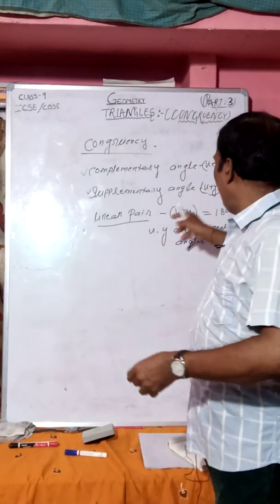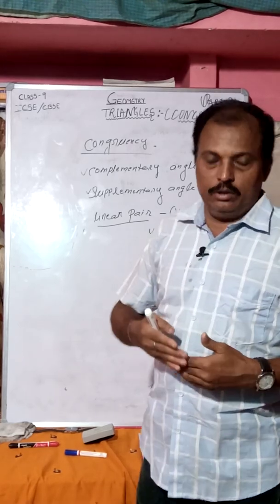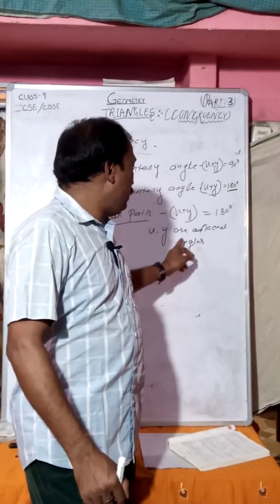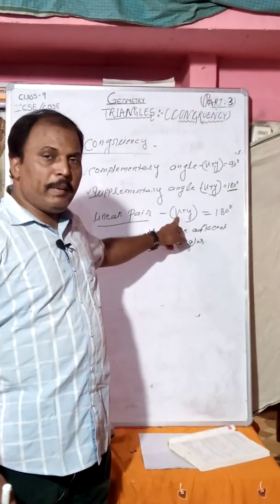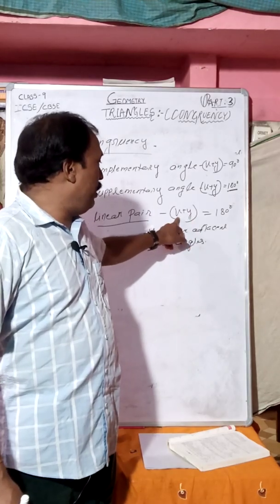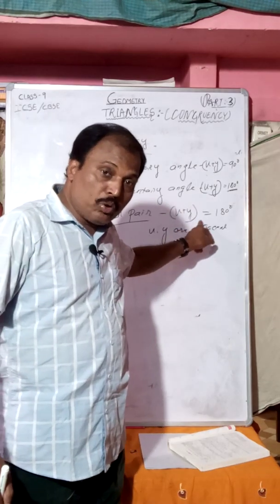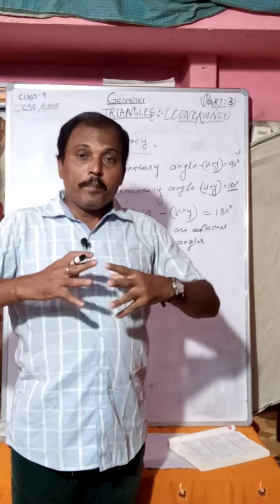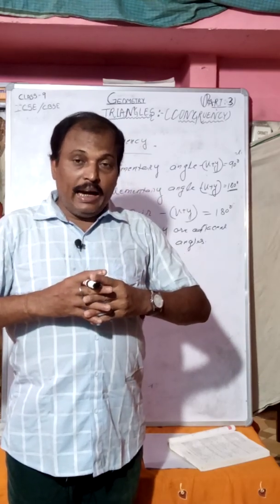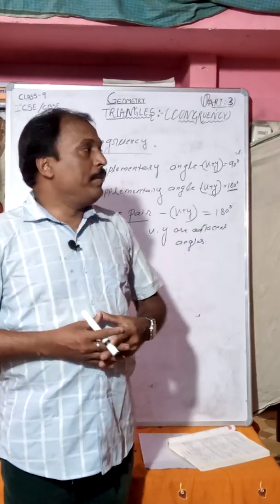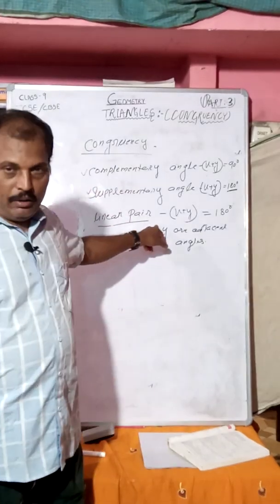Otherwise we can call them supplementary angles to each other: x supplementary to y, y supplementary to x. But whenever these two angles are adjacent, then they are called a linear pair.